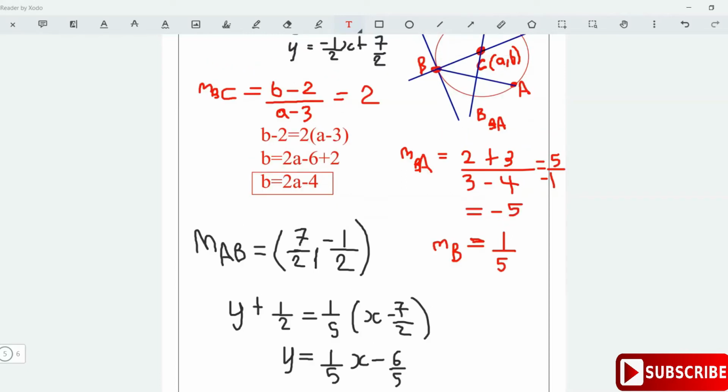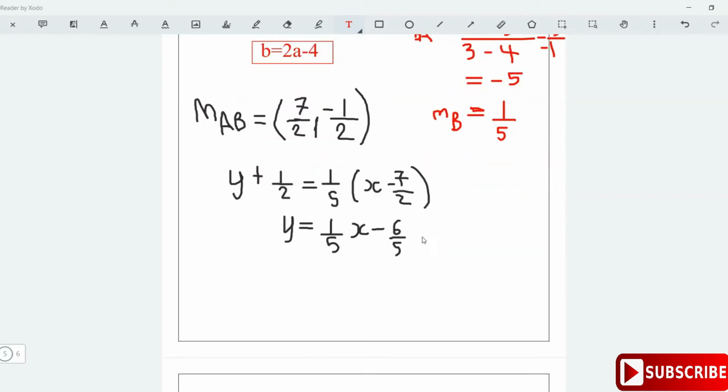And so since the center satisfies the equation of this line, we replace y with b, to say b is equal to 1 over 5x.